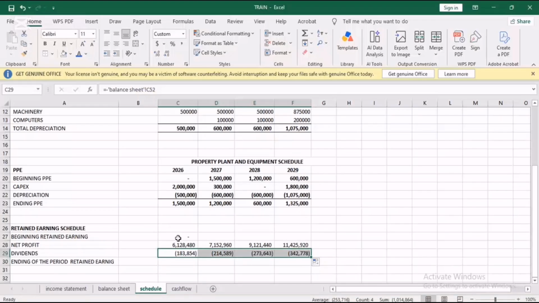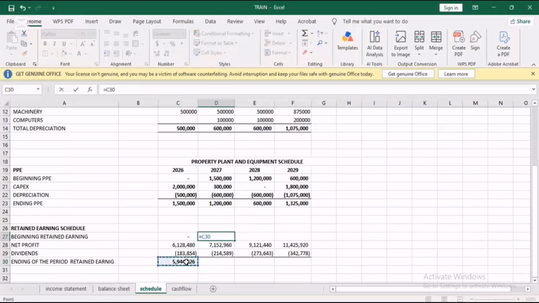Exactly. So now let's get to the ending period retained earning right up here. So let's hit our summation. So that's that. So the ending period retained earning here will be the opening retained earning for the next period of 2027. So we hit right up here, hit equal to, then take this up, hit enter. So that's that.